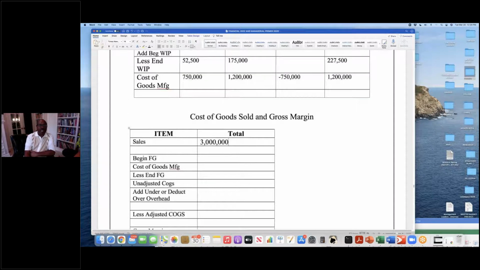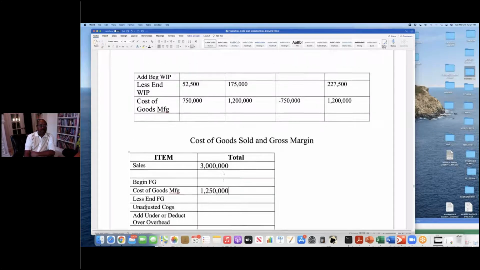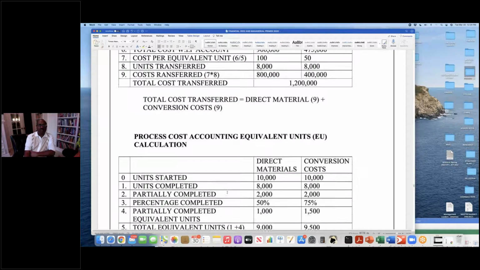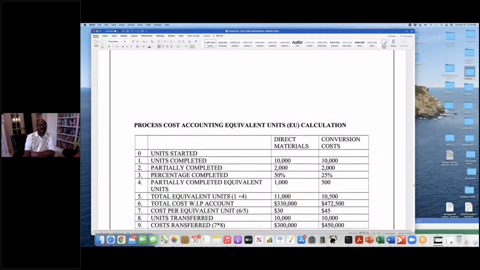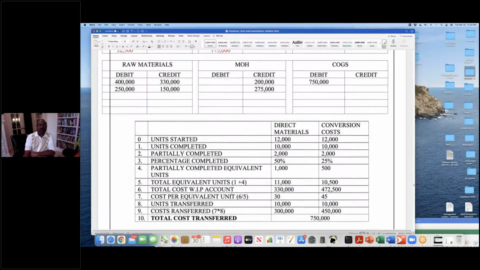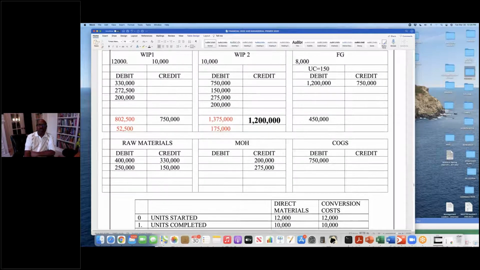Cost of goods manufactured, we bring that down as 1 million. And our ending finished goods inventory was how much? We look at our T account for finished goods, it was 450.